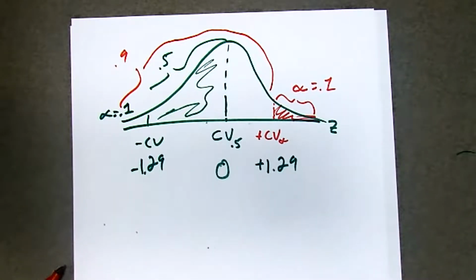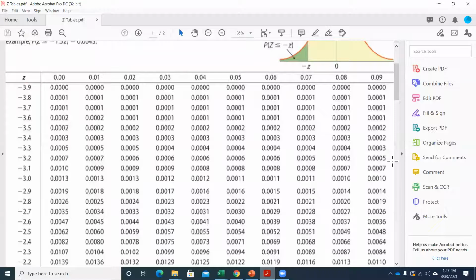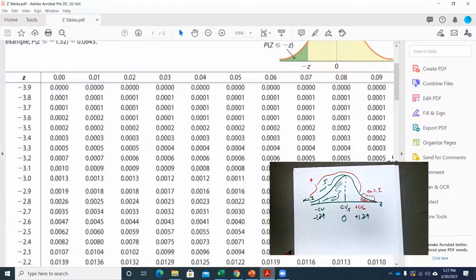So, you know, when we do this in practice with a right tail test to find my critical value, instead of thinking about this as, okay, the area I want in the upper tail is 0.1, okay, 1 minus that, the area to the left would be 0.9, I'll look up 0.9. Honestly, that's fine, but an easier way to do this to me is, whatever your alpha is, just look that up.